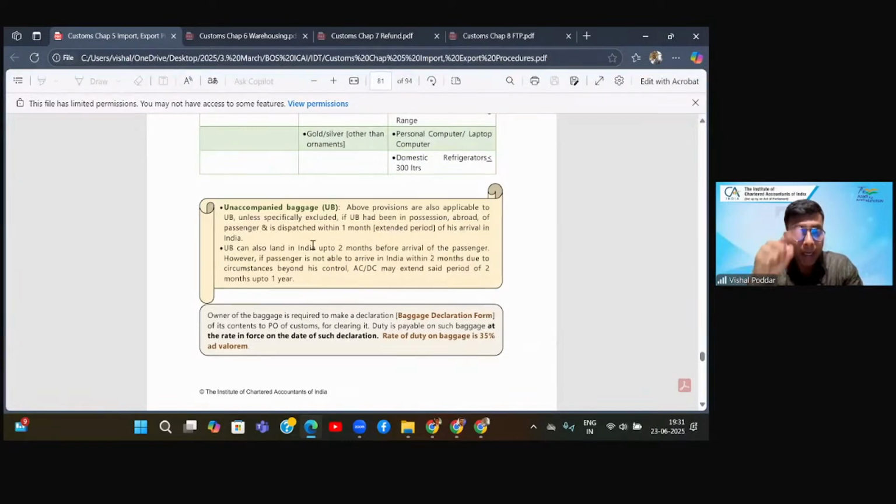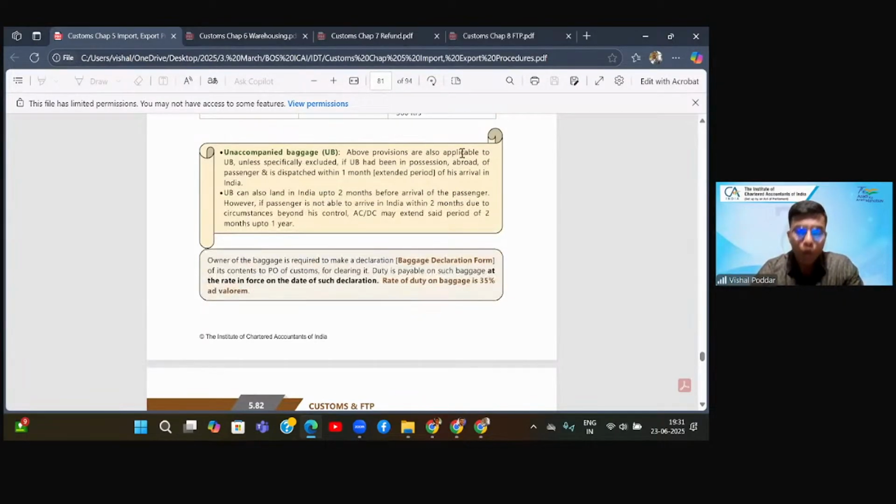But where this baggage is coming separately, that is either before your arrival or after your arrival, then the question will arise as to how it should be treated. Firstly, the law says it will be treated like baggage only, meaning the same baggage allowance will be allowed. But in order that it should be treated like baggage, and this baggage allowance should apply to it also, some conditions have to be satisfied.